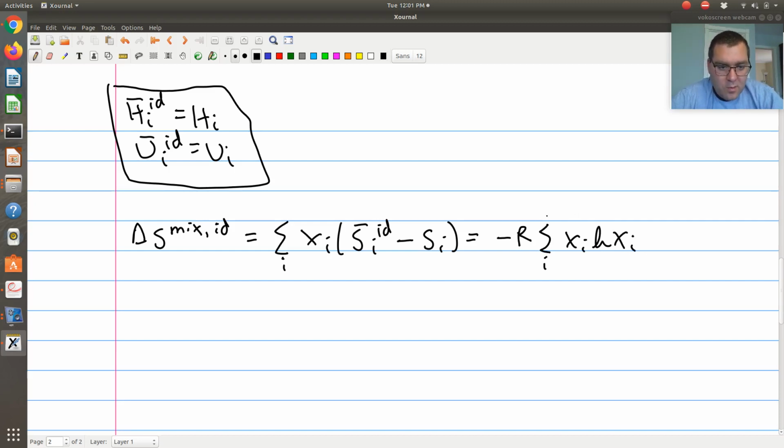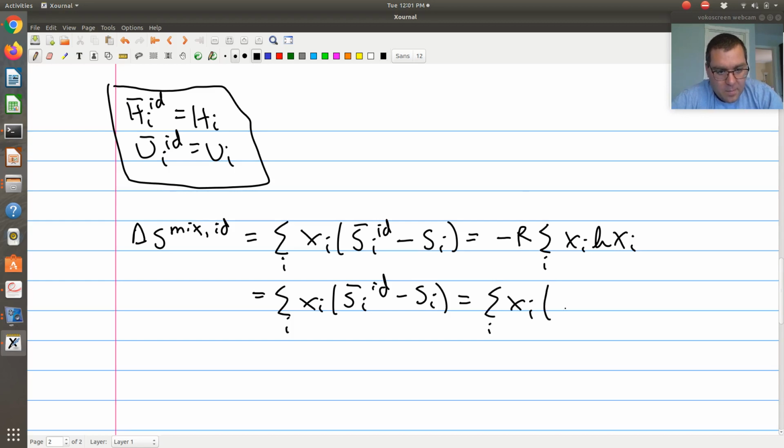Just so it makes it easier to equate, negative R is constant, it's just my molar gas constant, so I can bring it into my sum. I can write this as negative sum over i of xi times (minus R log xi).